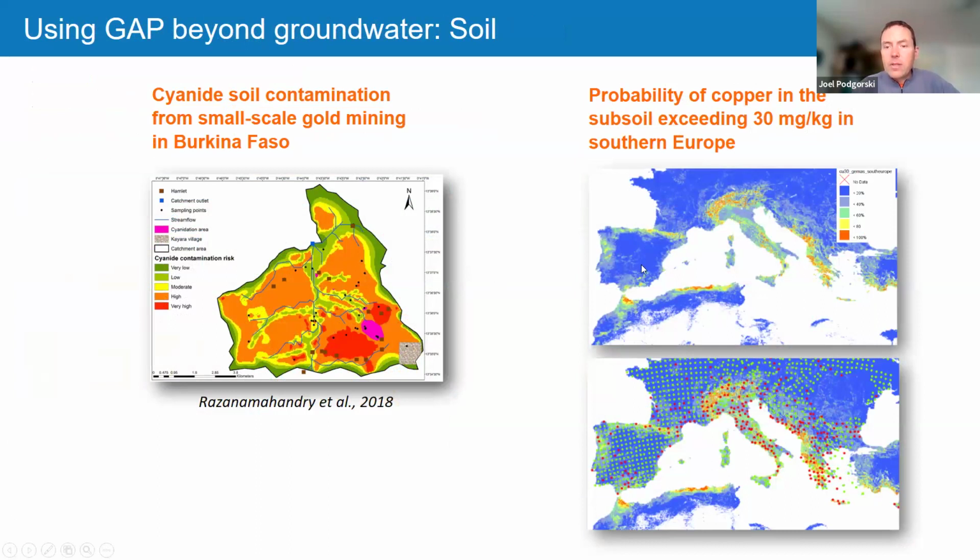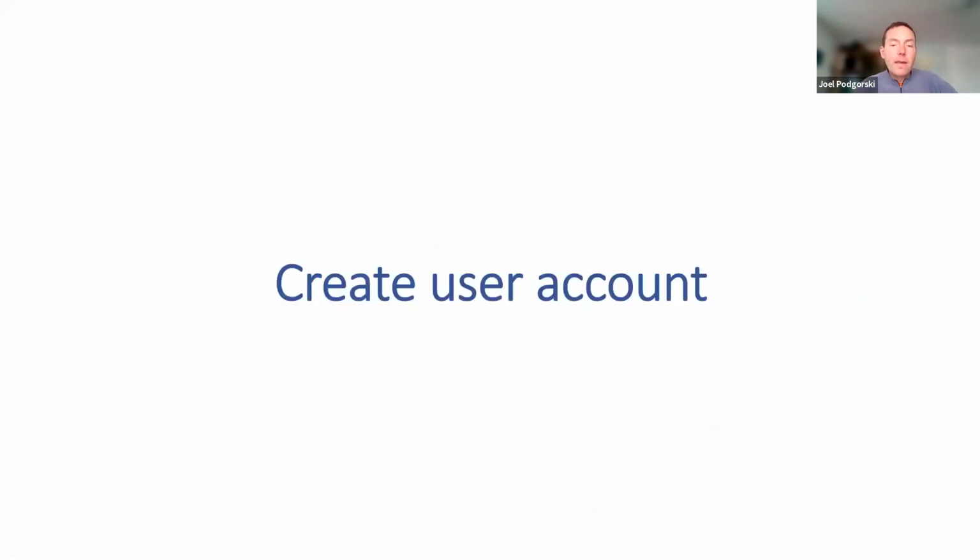On the right represents a little internal study we did on predicting copper concentrations in subsoil in Europe. There's a very large data set that's available that we used, and we were able to come up with some good results. This is all on GAP directly.